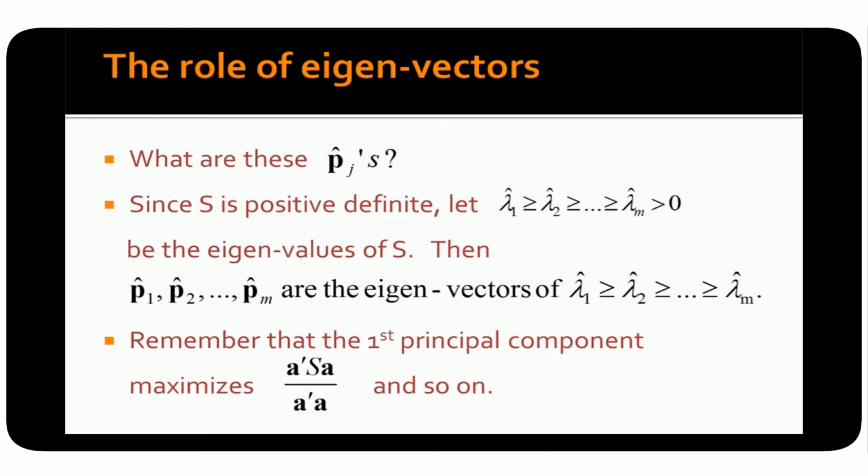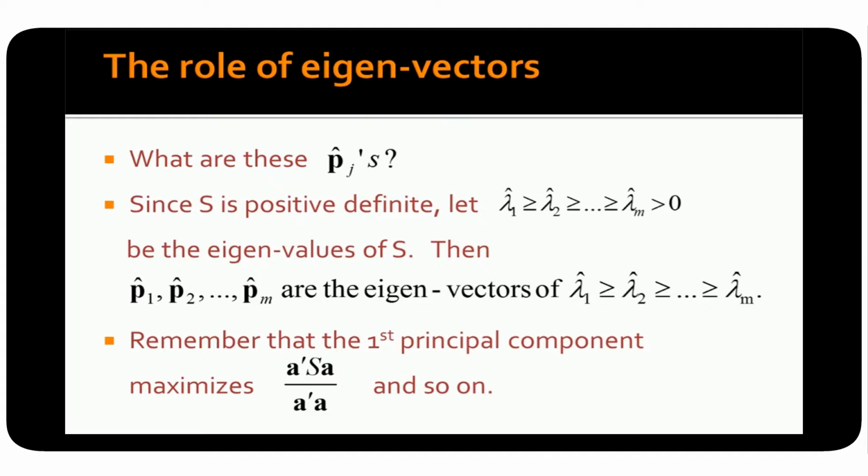The second by y2 hat, which is P2 hat prime x, etc. So, we can form the principal components as before by taking the linear combination of x's combined through the jth eigenvector to obtain the jth principal component. These are results we have done for the population case, and these results hold similarly for the samples as well. So, in this case the results are almost similar.